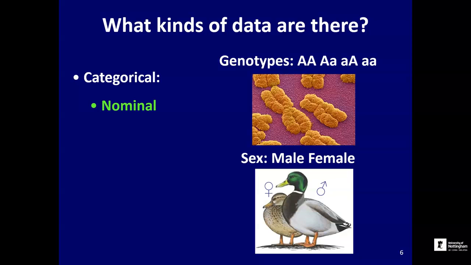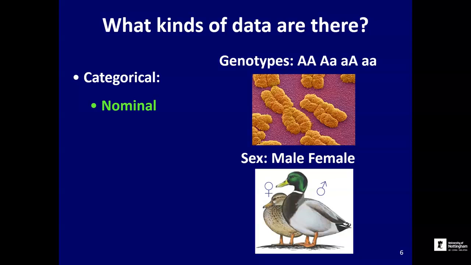But we use names for all kinds of categories in the life sciences. So for example, if you're trying to identify the genotypes of different individuals in a population, and you've got different genotypes perhaps giving rise to different phenotypes, then you might label those with, as I've done here, 4 different combinations of alleles. If you have a dominant allele and a recessive allele, this might ring bells from your A-level biology.